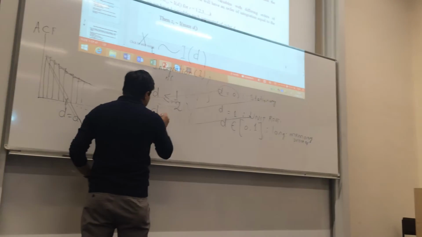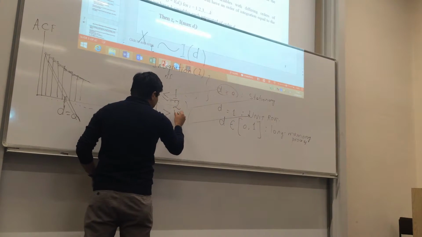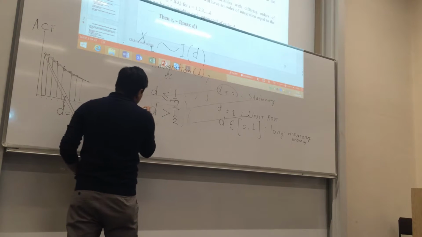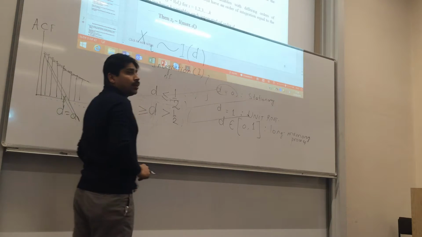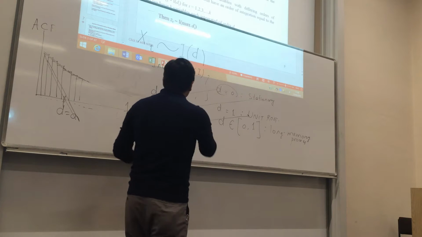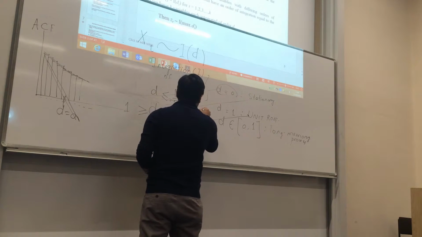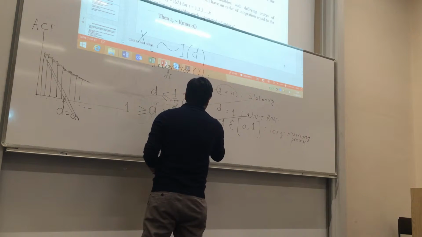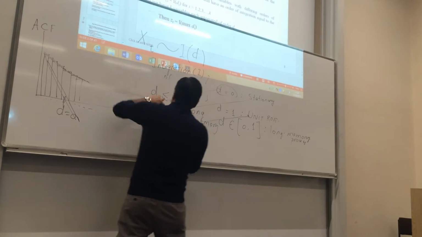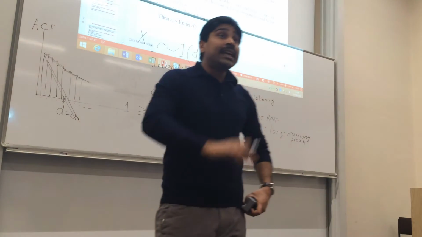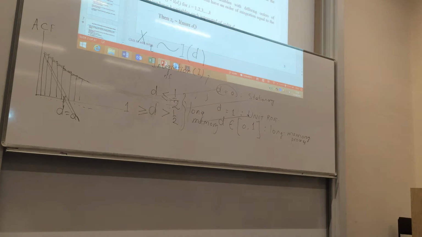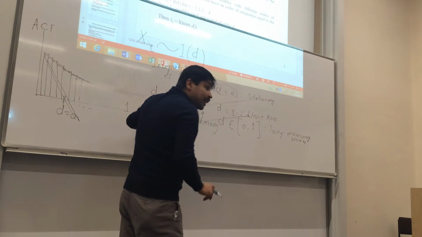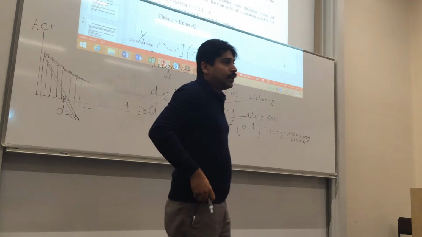But if d is greater than half and less than or equal to 1, both of these we call long memory. In the first case, I call it stationary long memory, where I carry some memory forward. In the second case, I call it non-stationary long memory.